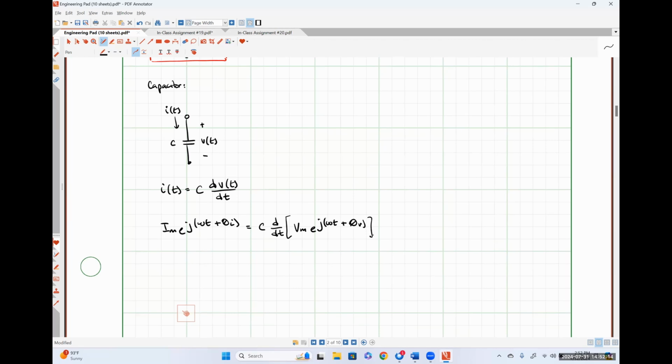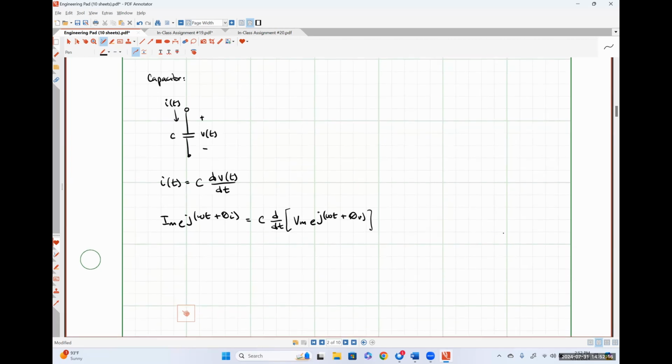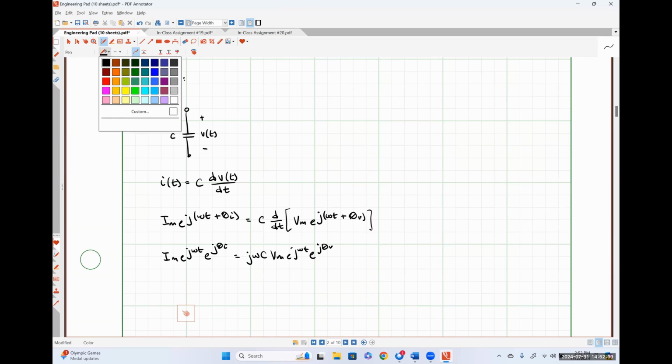Because we've already done this derivative, I'm going to go ahead and skip a couple of easy steps here. So we could say that this is going to be Im e to the j omega t e to the j theta I is equal to j omega C times Vm e to the j omega t, e to the j theta v.